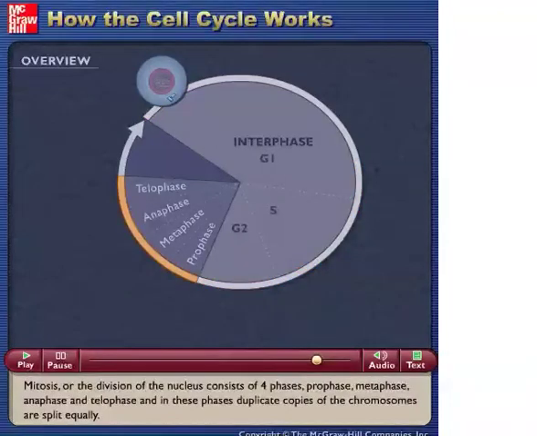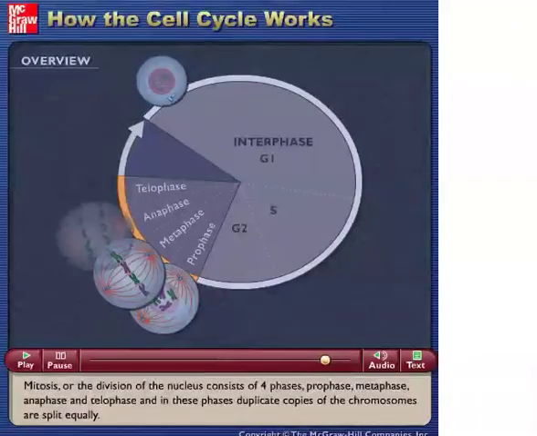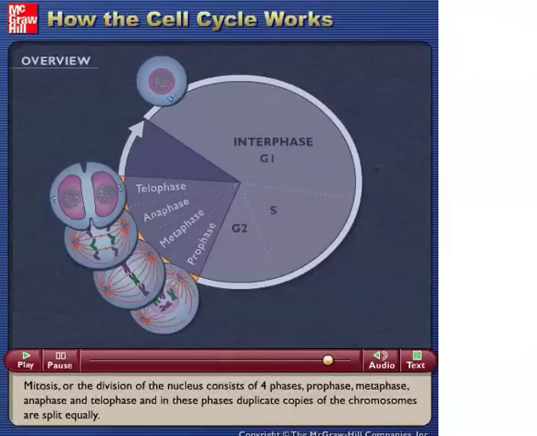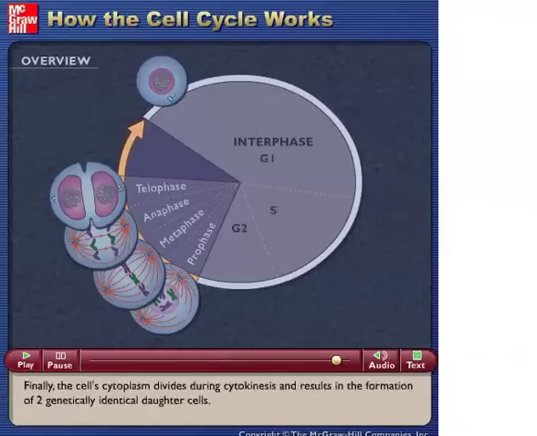Mitosis, or the division of the nucleus, consists of four phases: prophase, metaphase, anaphase, and telophase, and in these phases duplicate copies of the chromosomes are split equally. Finally, the cell's cytoplasm divides during cytokinesis and results in the formation of two genetically identical daughter cells.